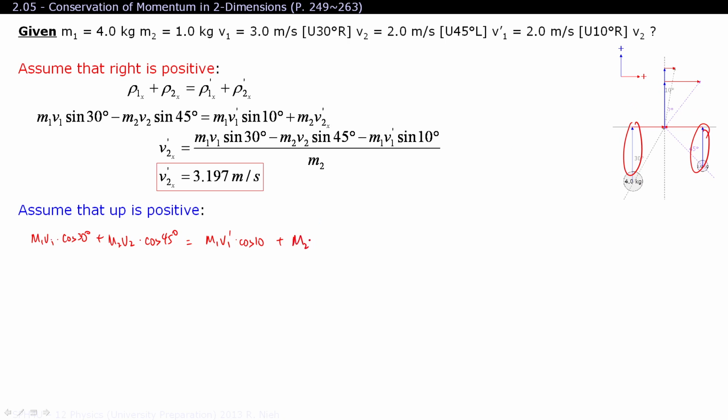Okay, so this is m2 v2y', and that's what we're trying to isolate for: our v2 in the y dimension after the collision.